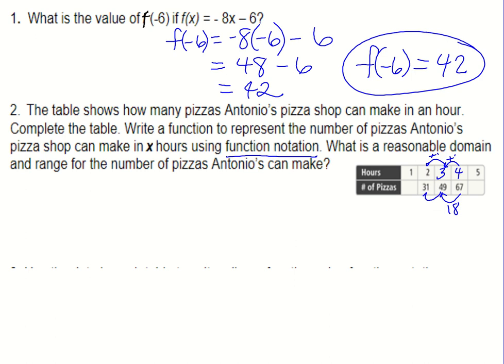Yeah, 18. And then 9 minus 1 is 8. Yeah, 18. So I got the same thing both times. I'm just going to put them over 1. So 18 over 1 is 18. So our slope is 18.